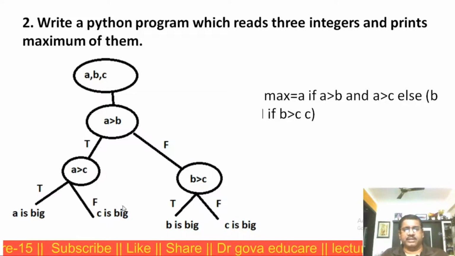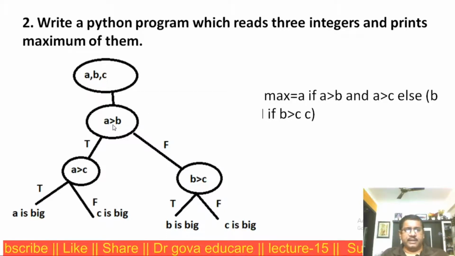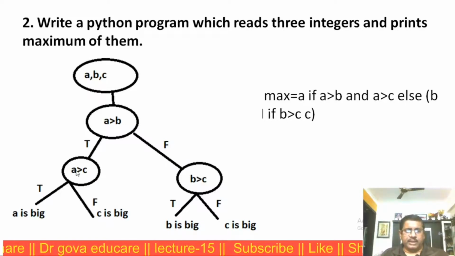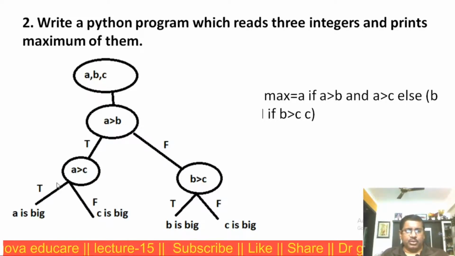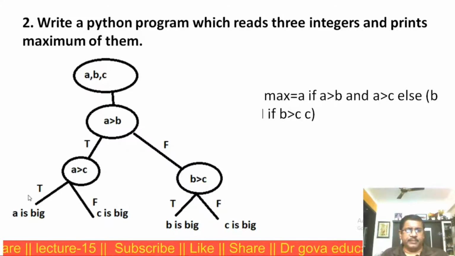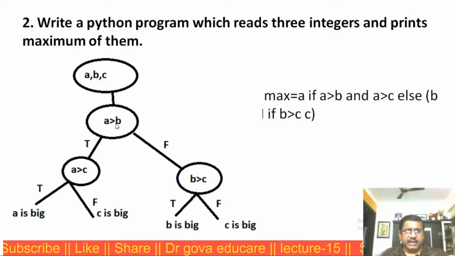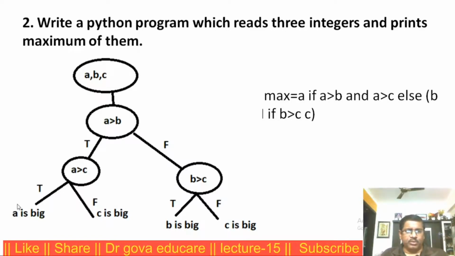This is the logic. Now observe this: a greater than b true, a greater than c true, a is big. I am combining these two relations. True and true is true.